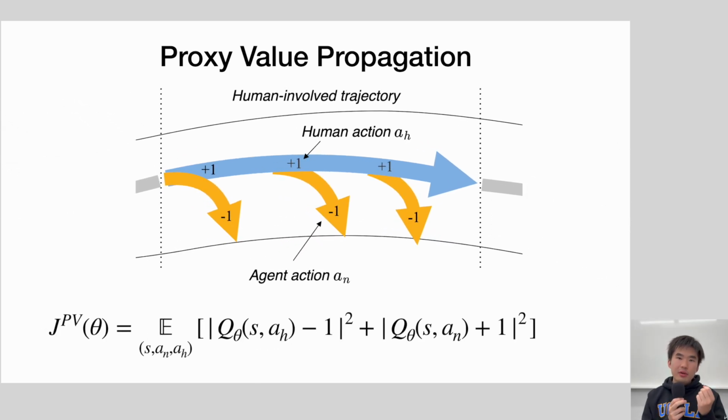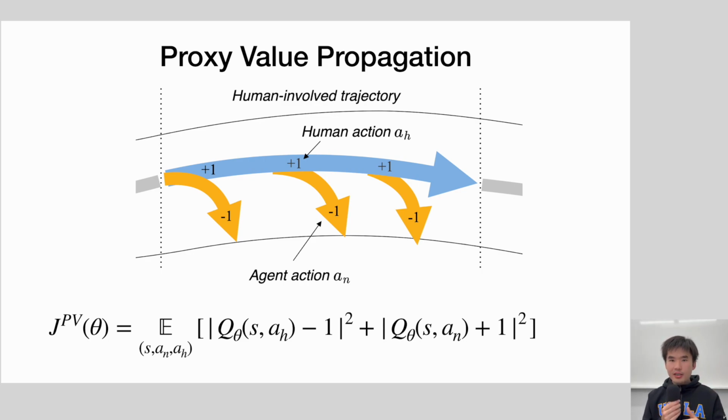In the human-involved trajectory, we not only record the human action and apply it to the environment, we also record the agent actions. And we want our proxy value function to assign higher values to those human actions and lower values to those agent actions.